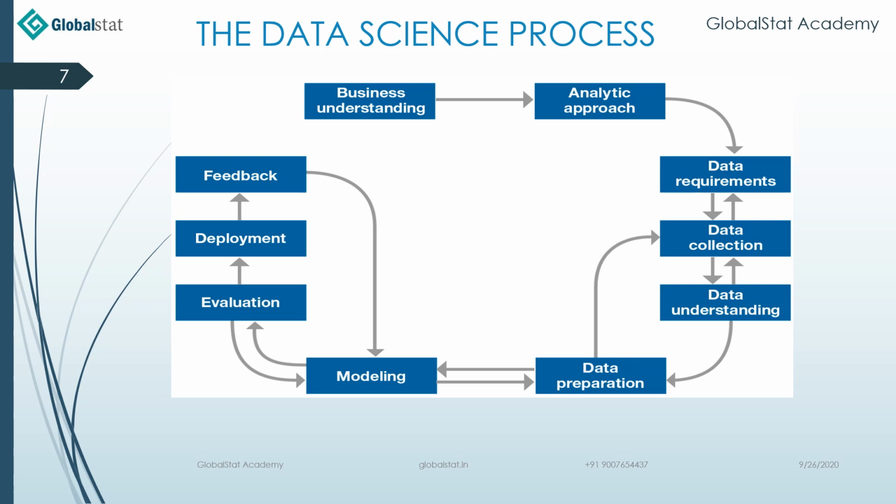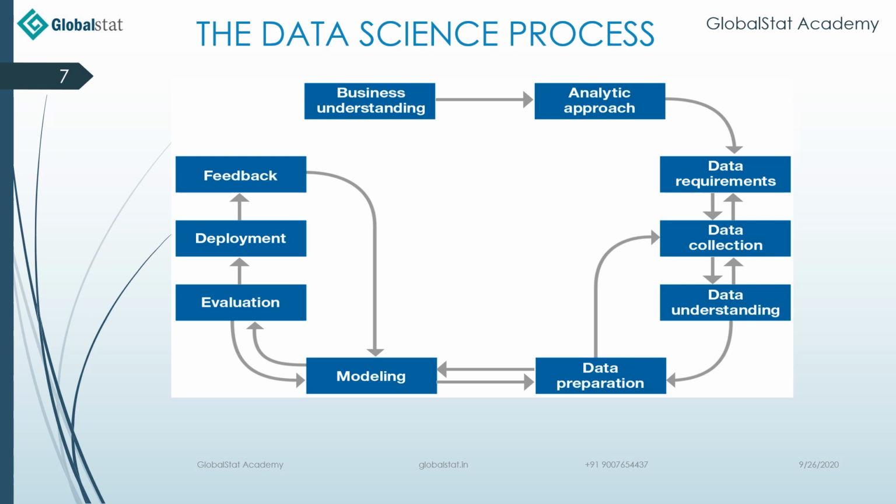Next is the data understanding. By data understanding, we need to know about the metrics we are going to use in the model, the definitions of the metrics, and the values of the metrics. Next comes the data preparation. Post data preparation, we do the exploratory data analysis.